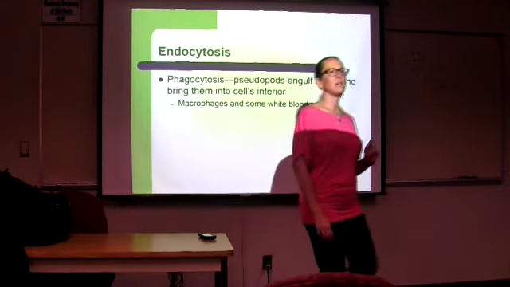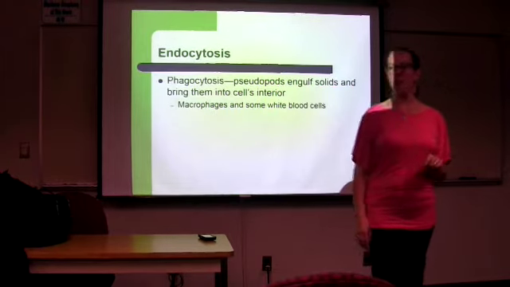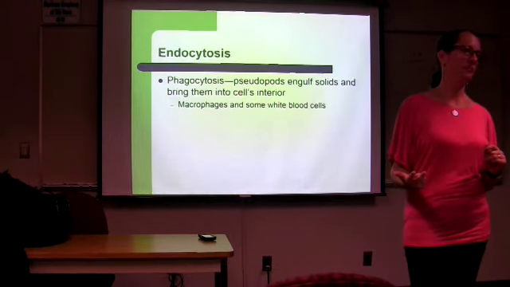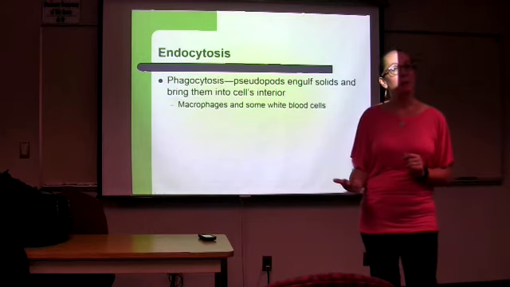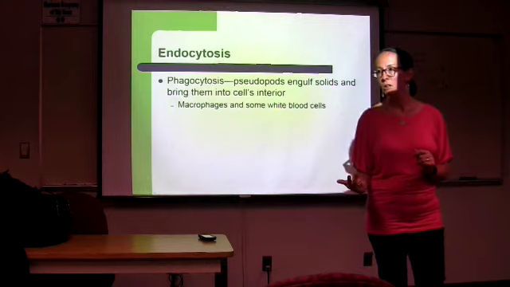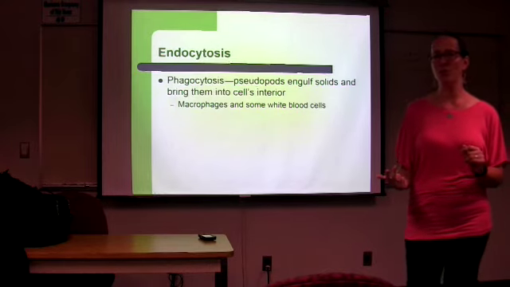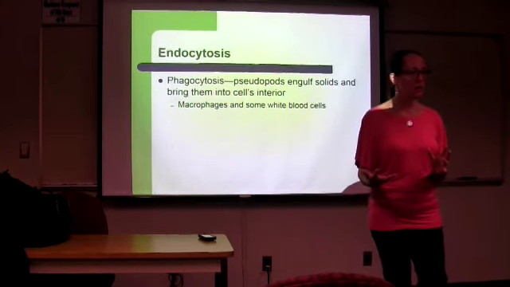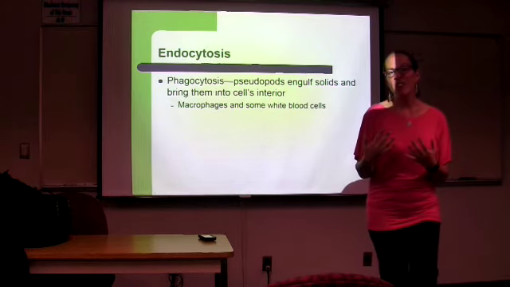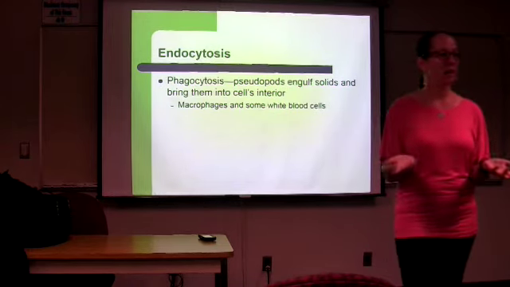Phagocytosis is the process by which we will ingest viruses, bacteria, or waste products in the body. So we have white blood cells which circulate throughout the body, which will turn into macrophages, which will phagocytose substances in the body. Do you think that you have a lot of waste products in your body?